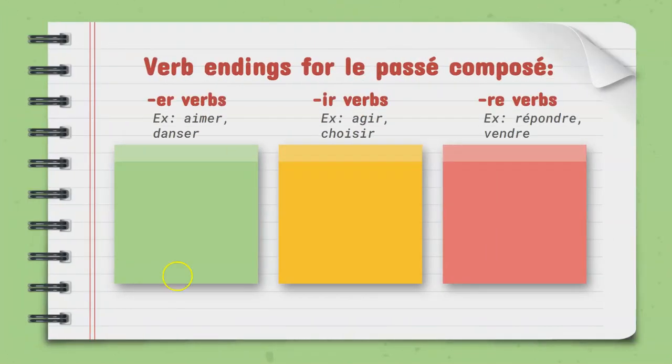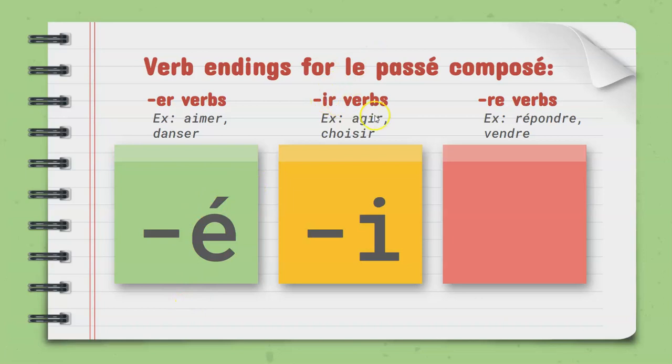And then for our verb endings, again, as a reminder, we have er verbs, ir verbs, re verbs. So if we have an er verb, like aimer or danser, something that ends with er, to make it ready for the past tense, we drop the er and we replace it with é, e accent aigu, going up from left to right.